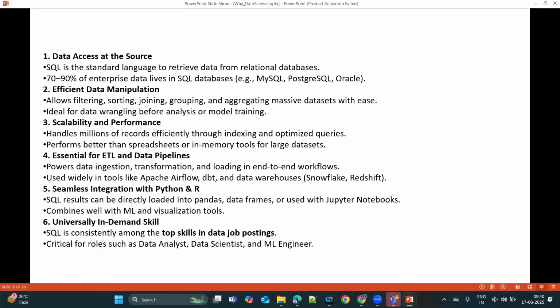Okay, so universally in-demand skills, of course. Everywhere in the field of data science and AI, obviously we'll be using databases, so it will be a skill in very high demand.